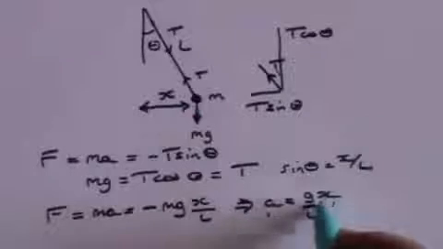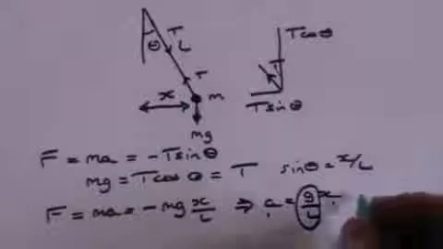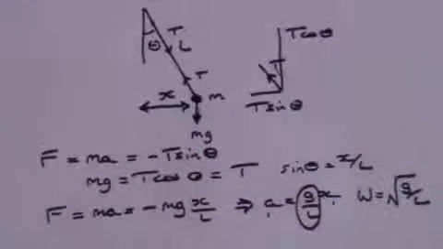Omega squared is g over L. Omega is the square root of g over L, and from this you can determine the frequency of the pendulum's oscillations.